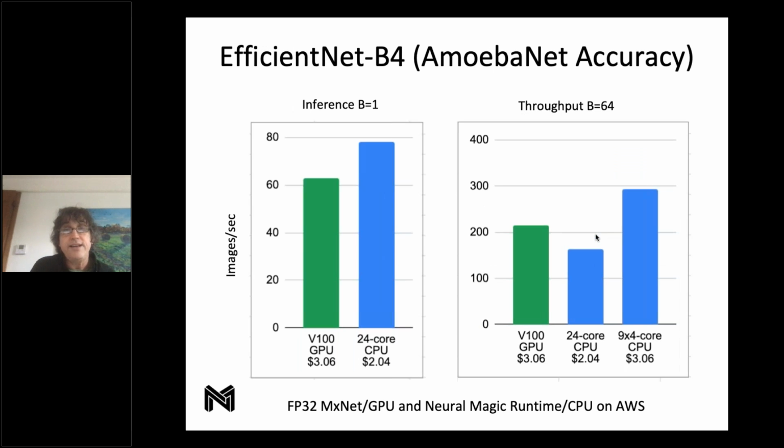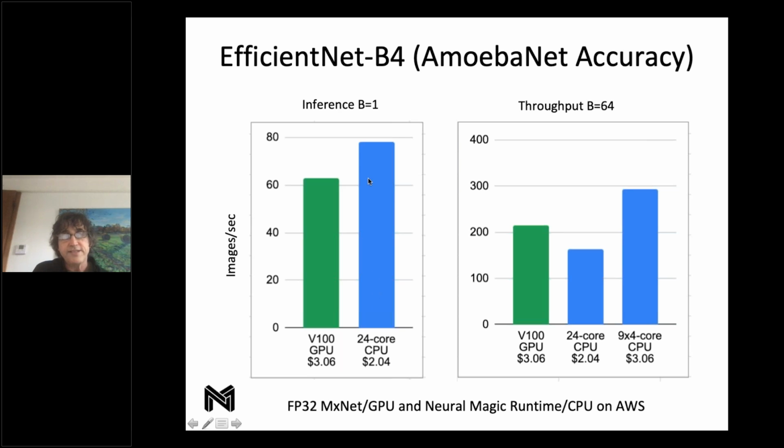And here's another example, EfficientNet B4. This is the same accuracy as AmoebaNet, the largest network that we have built before. And here's what we're getting. We're getting the same accuracy as AmoebaNet using EfficientNet B4.